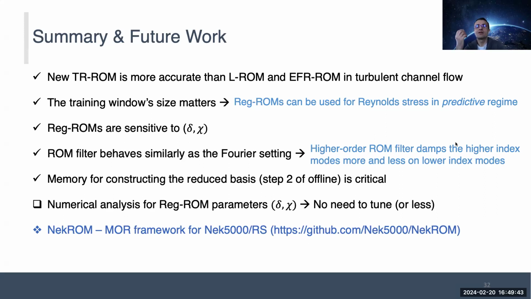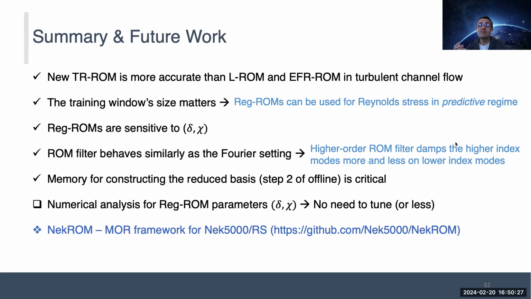The idea would be, okay, I find the best delta parameter and the best chi parameter for this turbulent channel flow simulation. Then I go to the turbulent junction problem, and I have to recompute and retrain. Even if you change the setting, you have to recompute those optimal parameters. Our hope is that maybe we can get something like delta scales like the spectral element mesh size to some power with a constant.